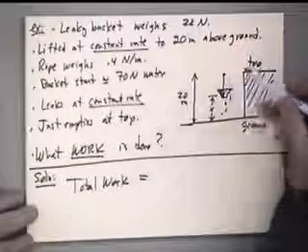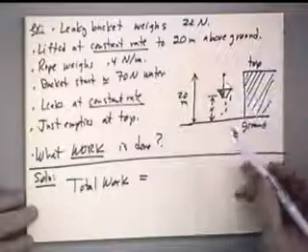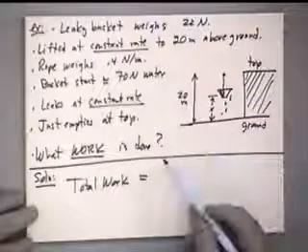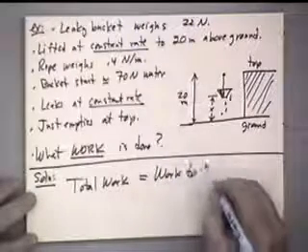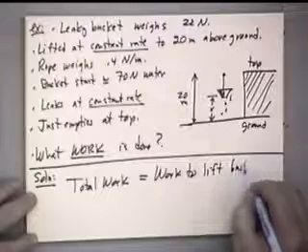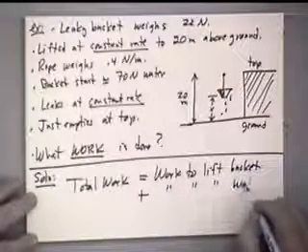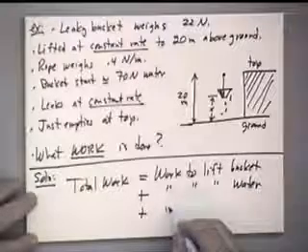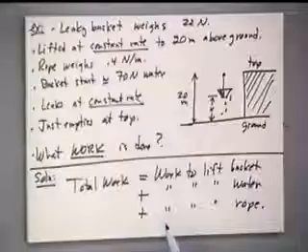Also, the rope has to be lifted, but as you go higher and higher, there's less and less rope. So that's changing. And because of all this change, that's why calculus is being used here. So the total work will be the work to lift the bucket plus the work to lift the water plus the work to lift the rope. And we'll actually do it in that order.